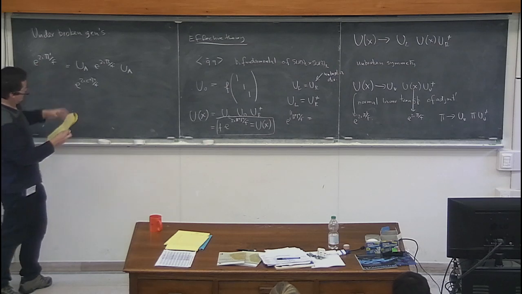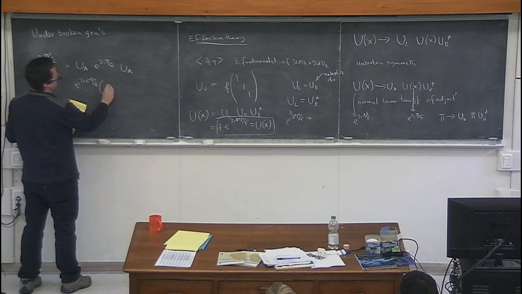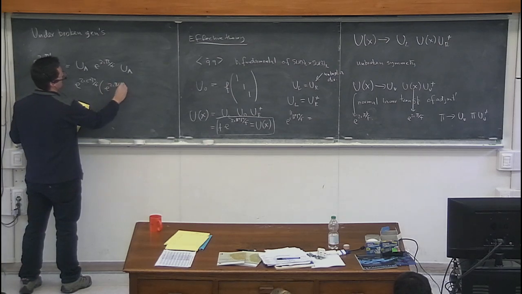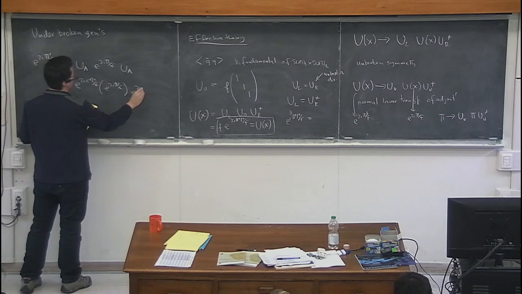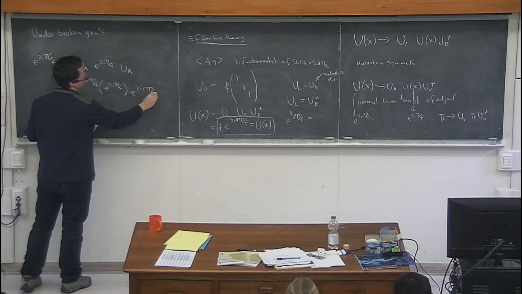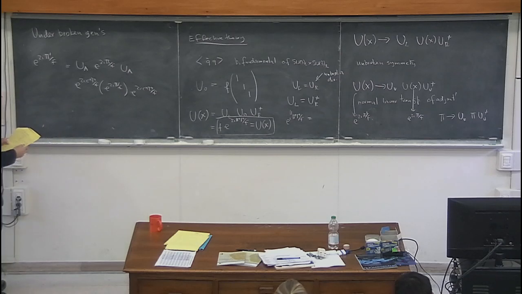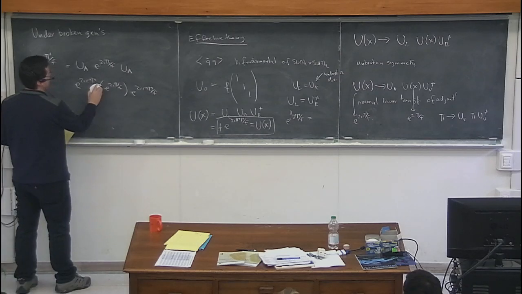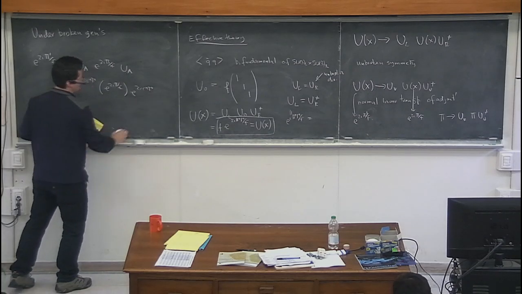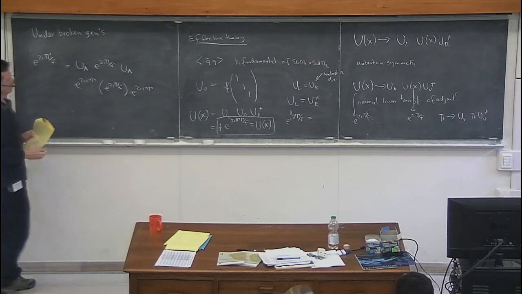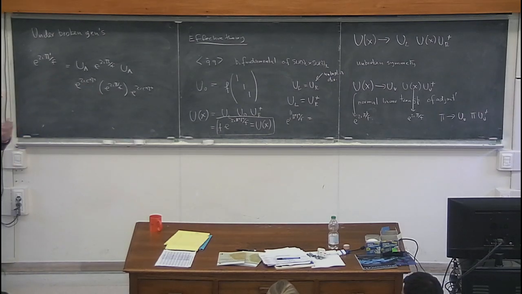Let's say that these are dimensionless transformation parameters, normal epsilons, just transformation parameters in a particular direction.